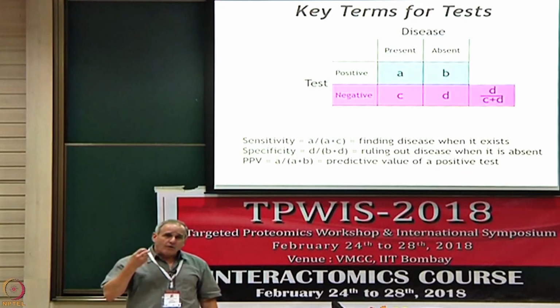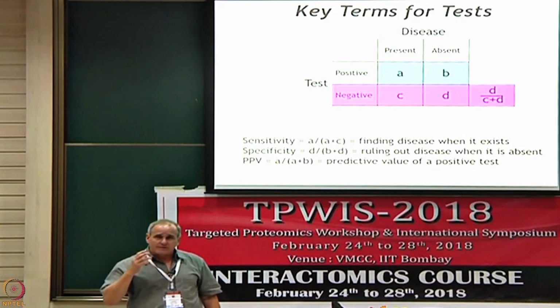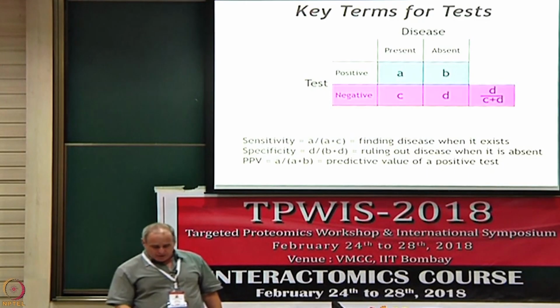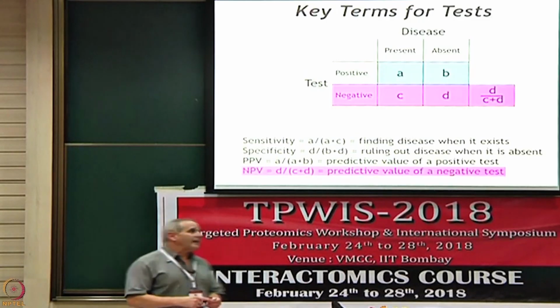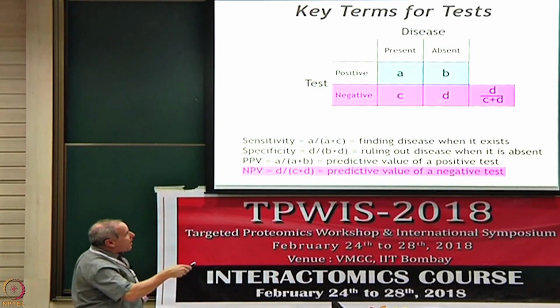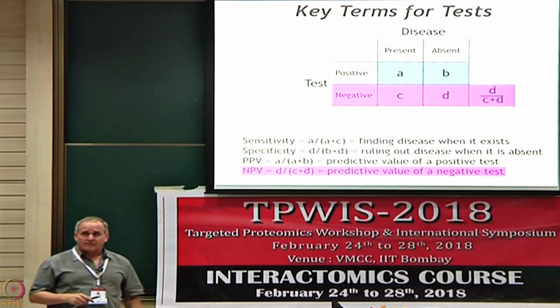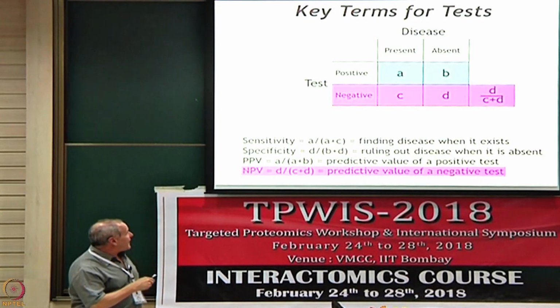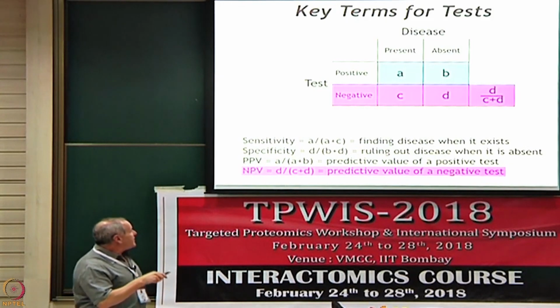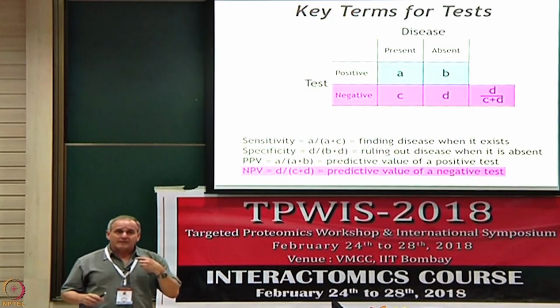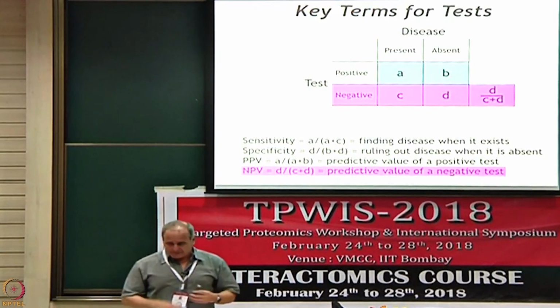So how confident is a negative value in telling you that you are disease-free? And that is defined as taking all the people who are truly negative divided by all the people who are tested as negative. So positive predictive value and negative predictive value, this is what doctors care about. This is what patients care about. What's happening to me? How am I doing?